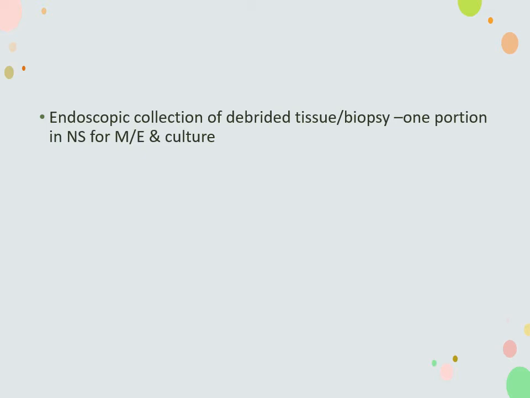One part is taken in normal saline for microscopic examination, where we can go for the KOH mount. The second part we will inoculate onto SDA with antibiotics, that is Sabouraud dextrose agar medium. And one portion you send for histopathology. So in the microbiology section we go for the KOH mount and culture on Sabouraud dextrose agar with antibiotics, and the other part we send in formalin saline for histopathology.